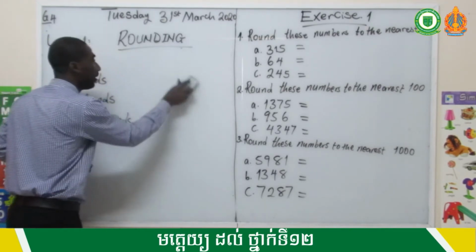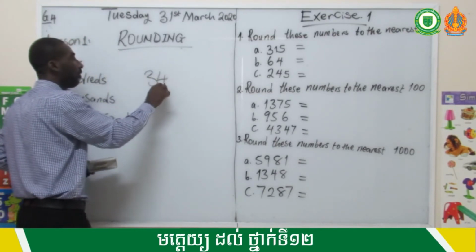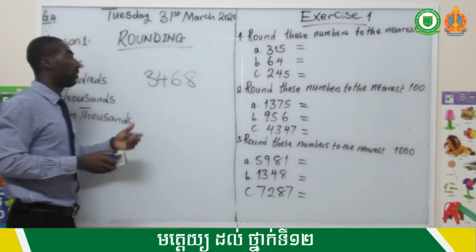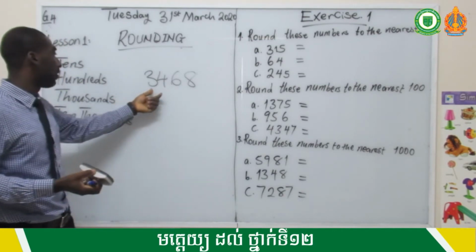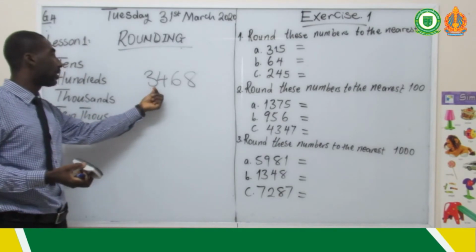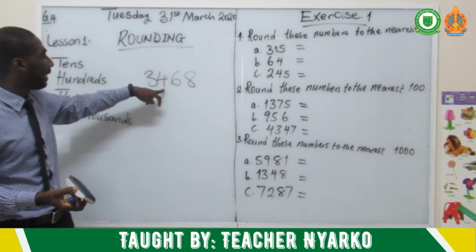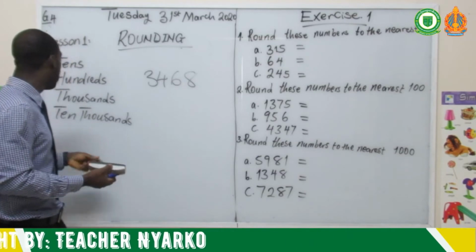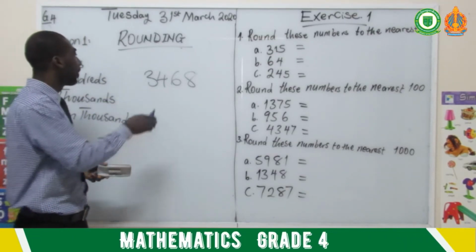Let's look at 1,000. We have 3, 4, 6, and 8. So we have 3,468. We want to round this figure to the nearest 1,000, which means that we are looking at the 3, which is in the thousands place. And then we look at the next door number that stands close to our 3, and that is 4. 4 is in the hundreds place.